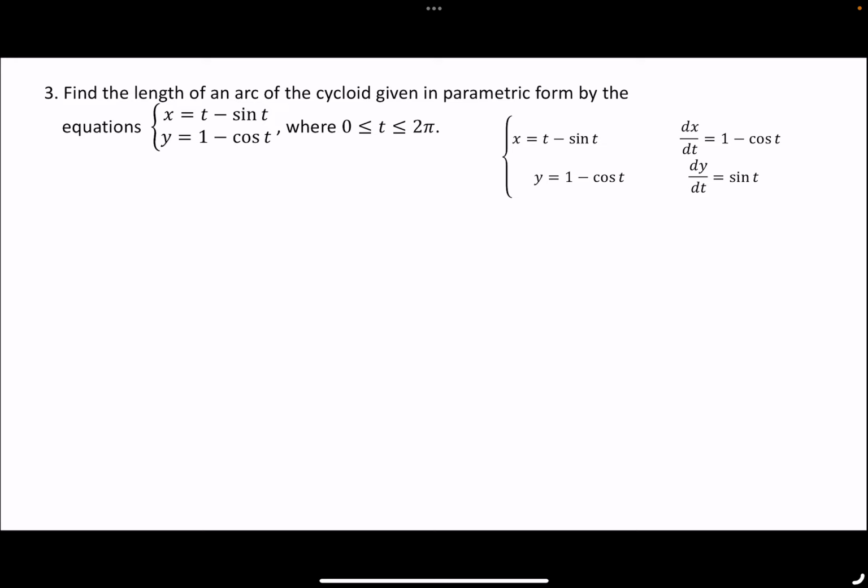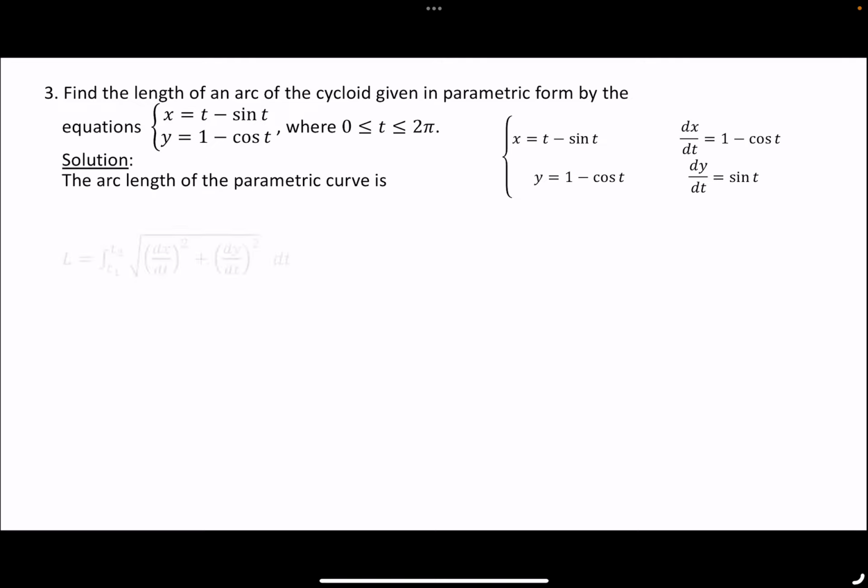So we are given x equal to t minus sine t and y equal to 1 minus cosine t. Its corresponding derivative would be 1 minus derivative of sine is cosine. So 1 minus cosine t, and the derivative of 1 is 0. The derivative of negative cosine t is positive sine t.